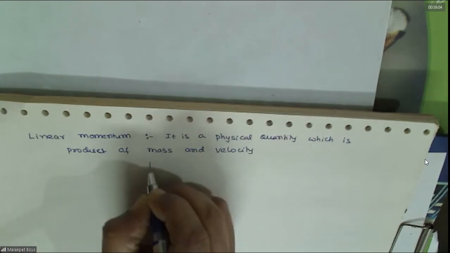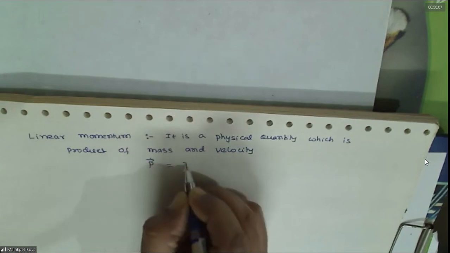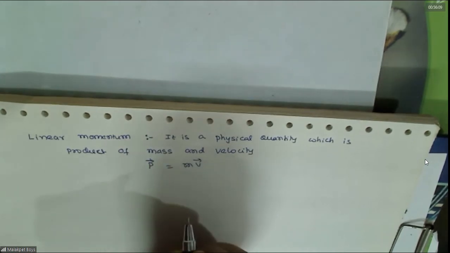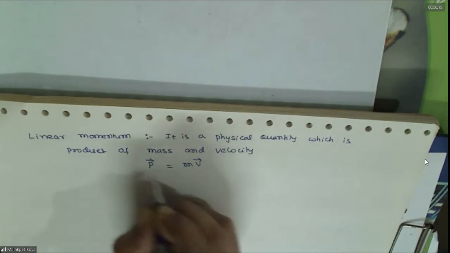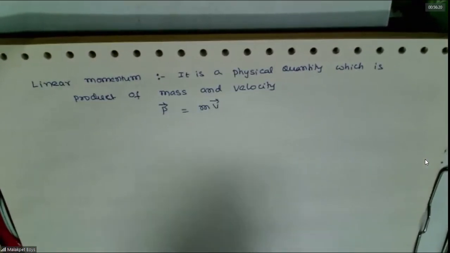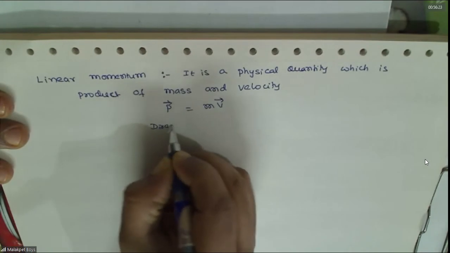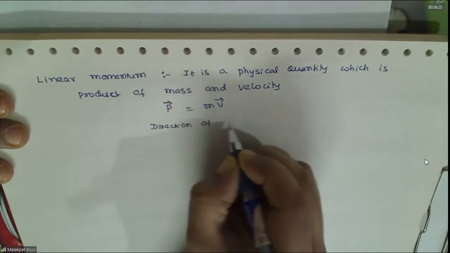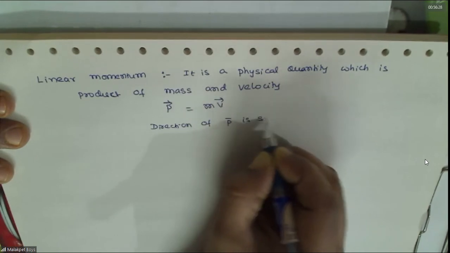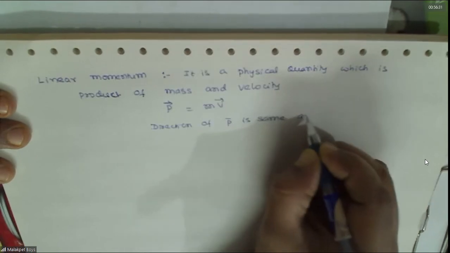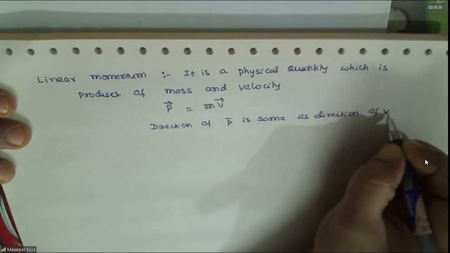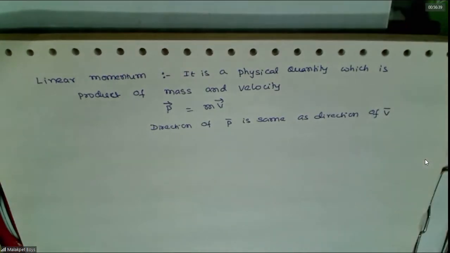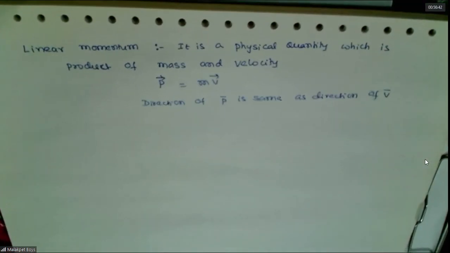For example, you have P bar, we generally use this. Clear? Now you can see, whenever two vectors are related like this, the direction of V bar is the same as P bar. Agreed? Any doubt till here? No doubt, sir.